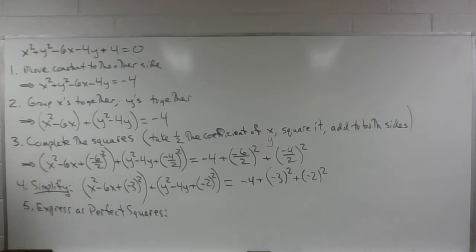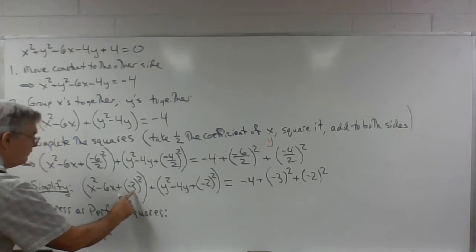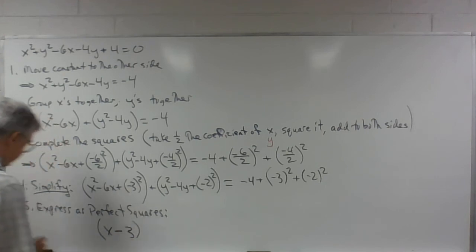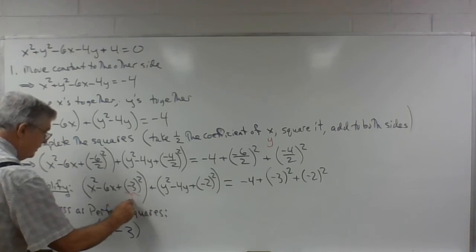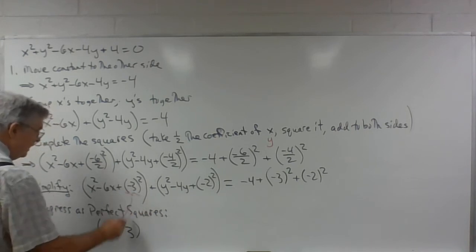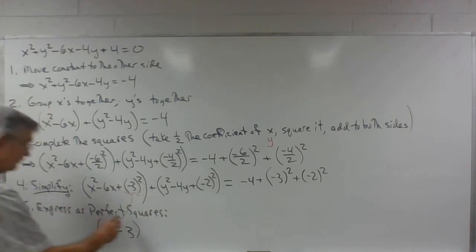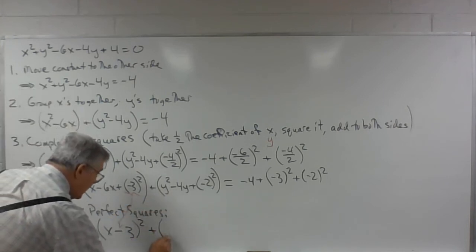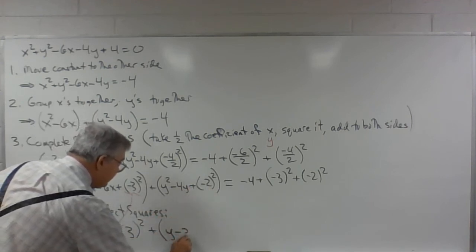Now we express as perfect squares. It's going to be x and whatever this thing is with its sign. So this negative 3 comes down here verbatim, the negative 3 and the sign in front, squared. Same thing over here, y, and whatever this is, we bring down verbatim.